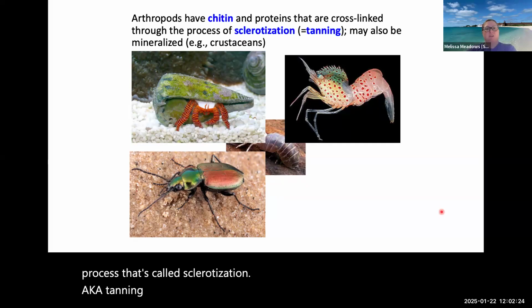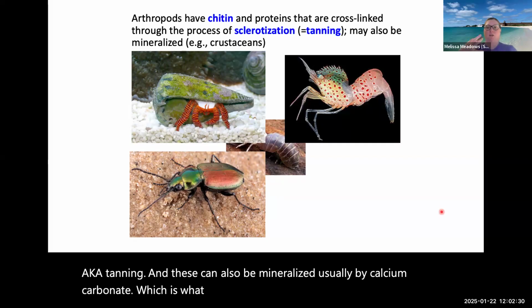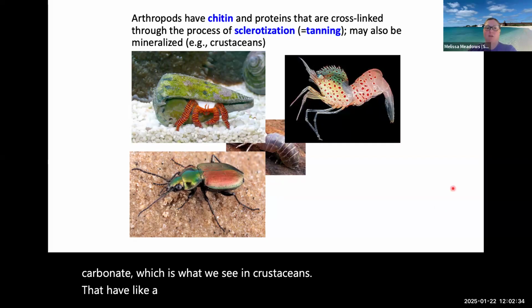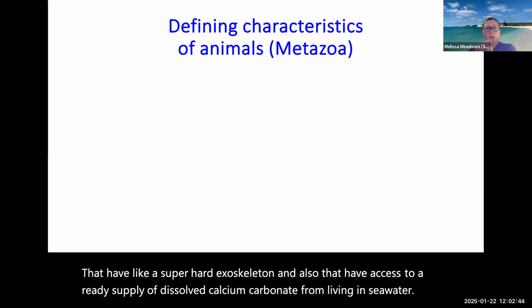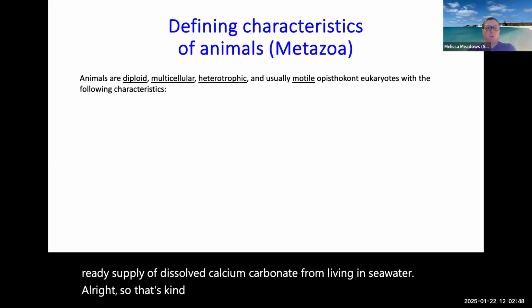And these can also be mineralized, usually by calcium carbonate, which is what we see in crustaceans that have a super hard exoskeleton, and that have access to a ready supply of dissolved calcium carbonate from living in seawater. All right, so that's structural support and stuff.